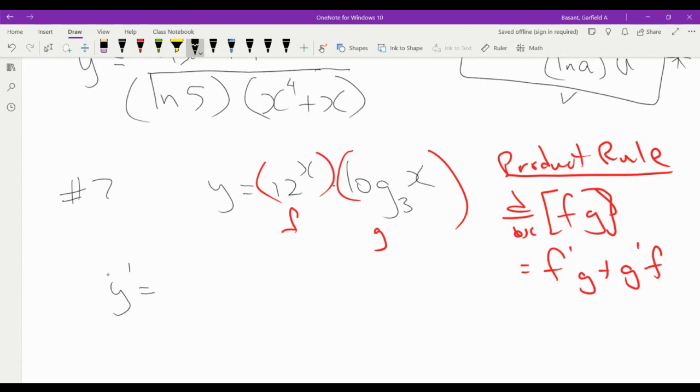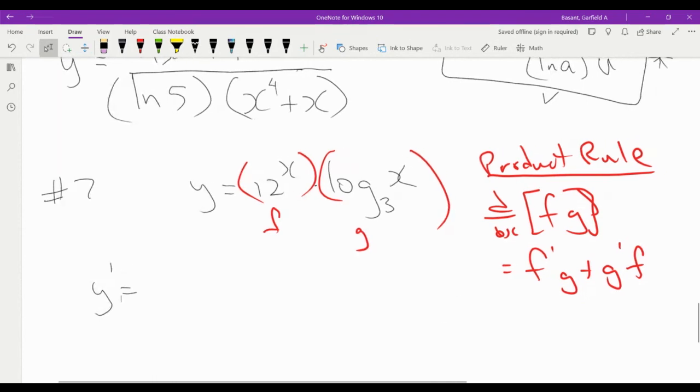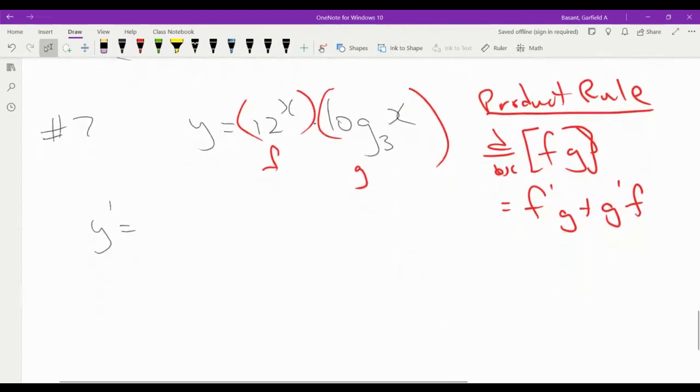So y prime is equal to f prime. What is f prime in this problem? So this is combining several rules in one. 12? What is the derivative of 12 to the x?